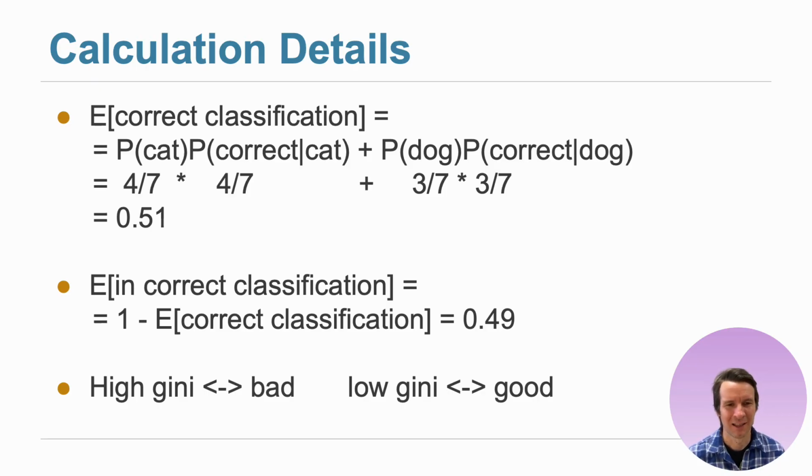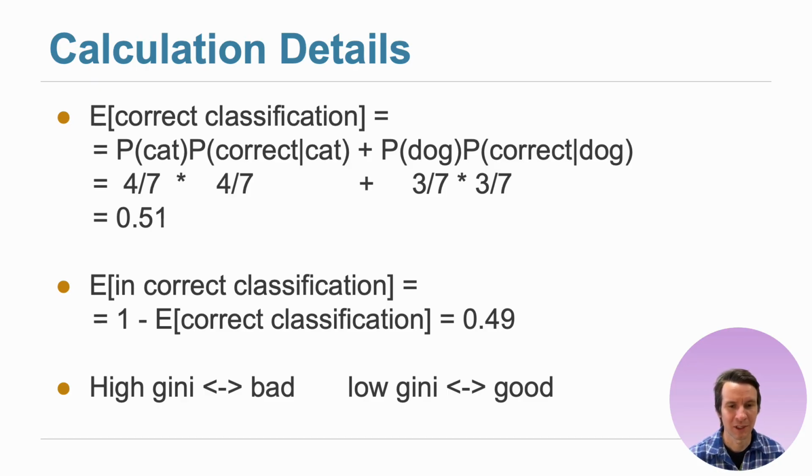You are answering cat with probability 4 over 7, so it's 4 over 7 times 4 over 7 is the first part. And then what's the chance that you have a dog? It's 3 over 7. And what's the chance that the answer is correct? If you have a dog, you answer dog with chance 3 over 7, so you will get the correct answer with probability 3 over 7. If you evaluate this, you get 0.51.